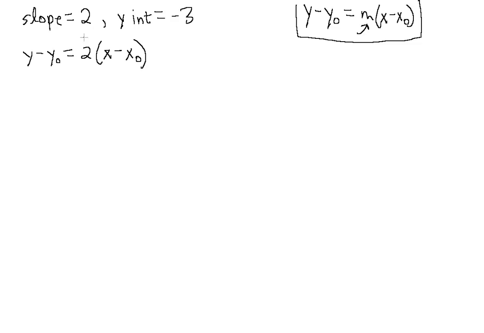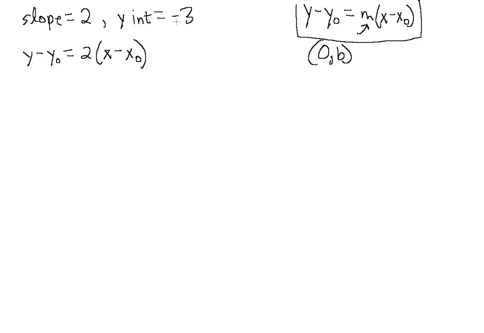Now don't get excited when you see all the variables here. Our equation is actually going to be written with y and x just like we did in slope-intercept form. We simply need to find values for y naught and x naught. We actually have an easy one because we're given the y-intercept, which is the point 0, b.